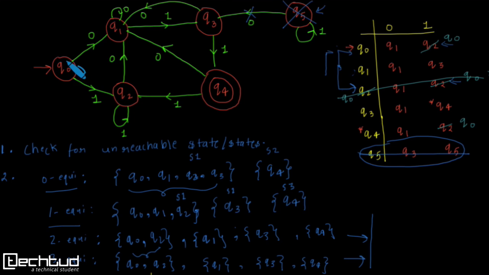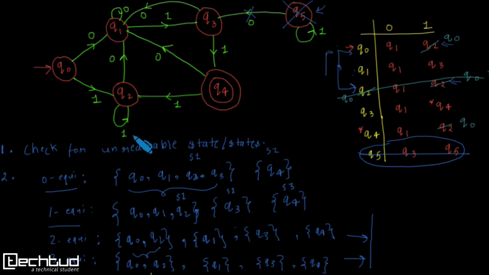At Q0, if you apply an input of length 2, you will reach Q3, Q1 or Q2, but you cannot reach Q4. The same is true for Q2. Since there is only one final state, you cannot reach Q4 by applying an input of length 2. So Q0 and Q2 are 2 equivalent because both of the states cannot reach the final state.